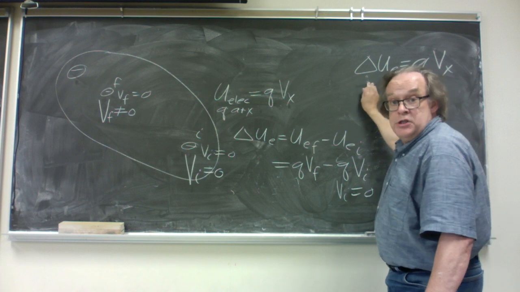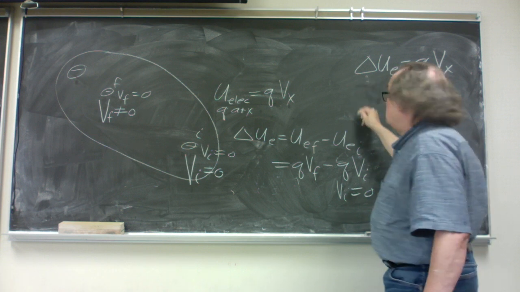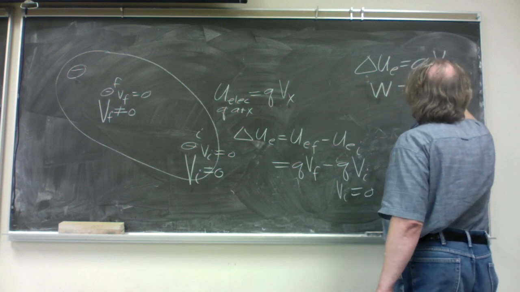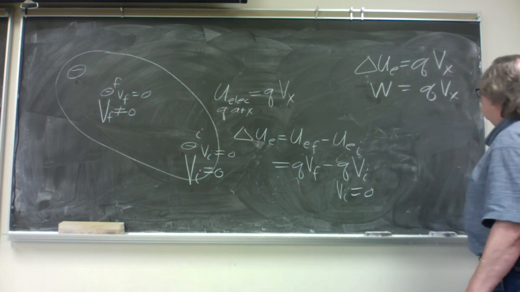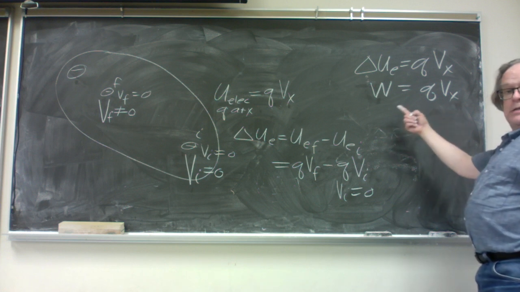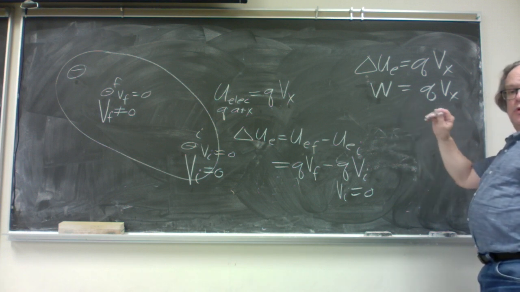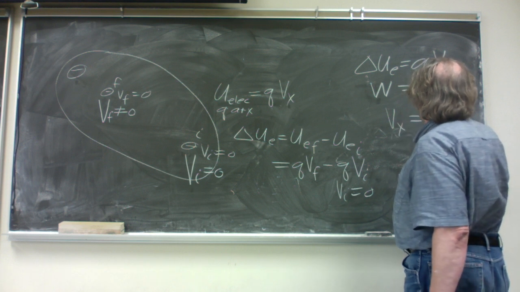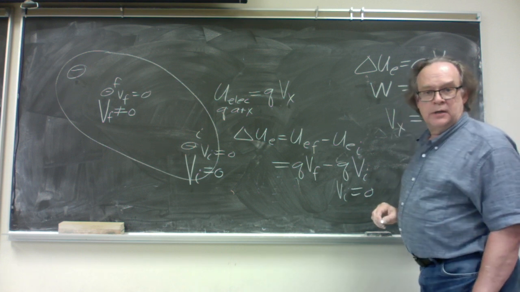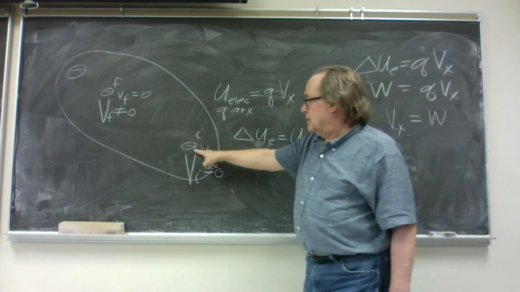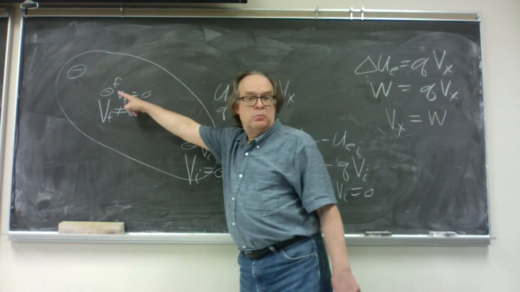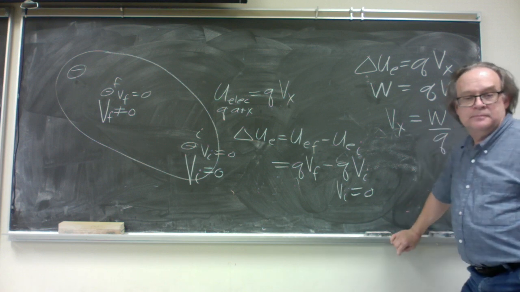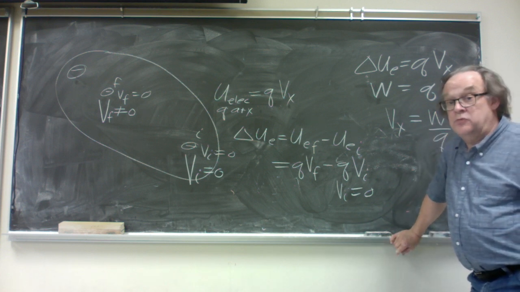So this number is just equal to the amount of work that was done. And now, with this equation, rewrite it a little bit. Potential at x equals the work done to get this particle from far away to point x, divided by the value of the charge.